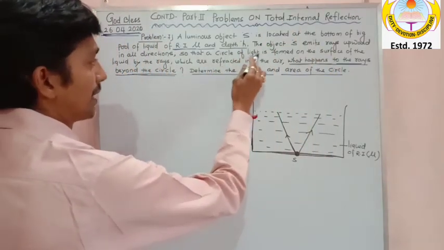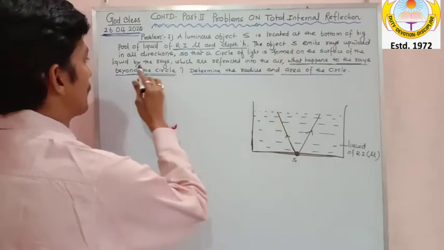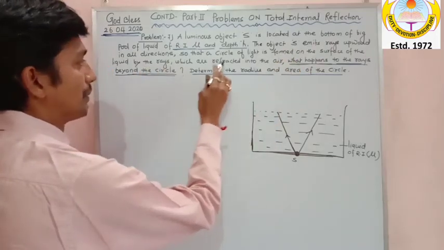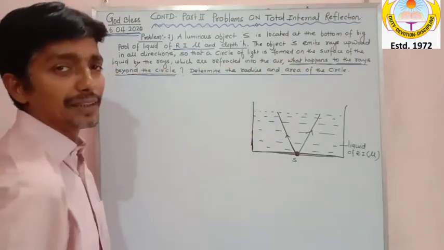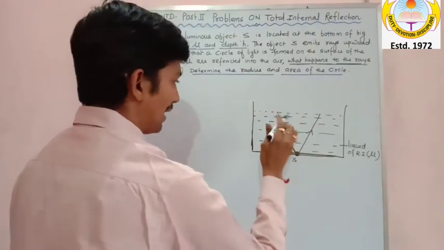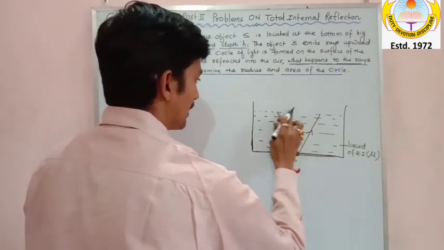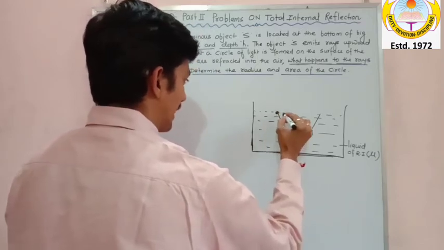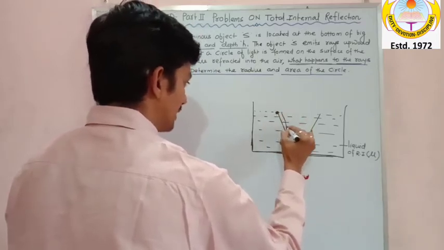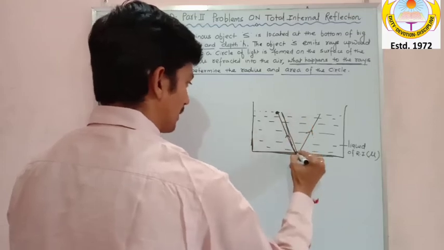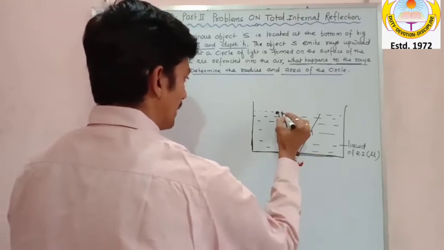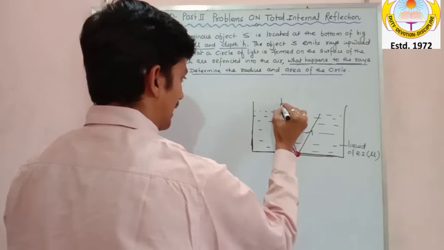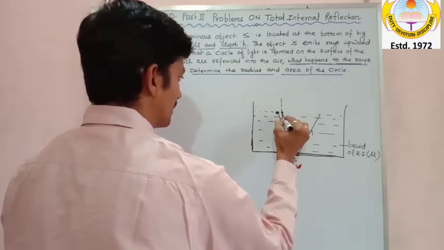So that a circle of light is formed on the surface of the liquid by the rays which are refracted into the air. Let me tell you, here on the surface of the liquid, suppose a ray is incident from the source. Here I have drawn the normal, suppose.